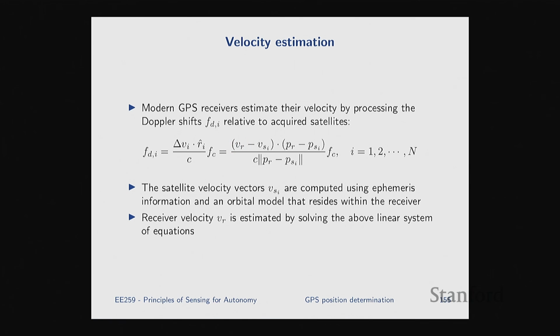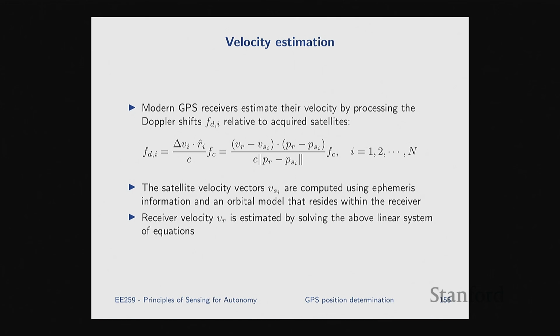It's even easier than position because this one is linear, right? For position, we had a nonlinear system of equations. Here it's just inner products and scale factors, basically. So you can form a linear system of equations, solve it, and then you also estimate your velocity, which is, again, extremely, extremely useful. So that's why, if you remember, we said there's some limited odometry that you get from GPS, which is good.